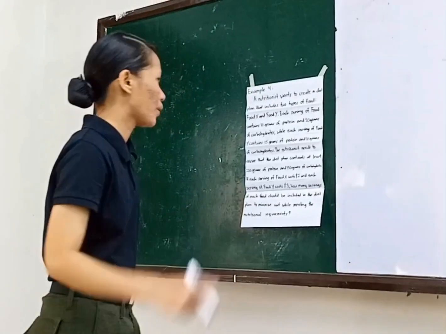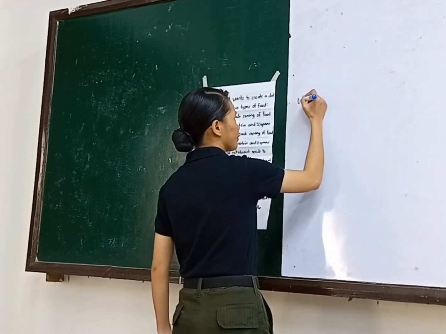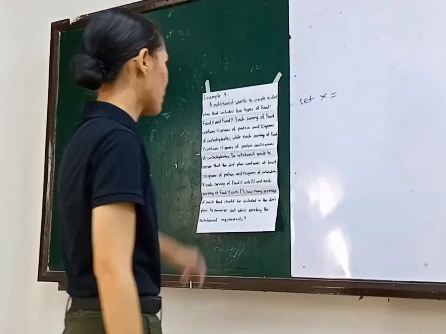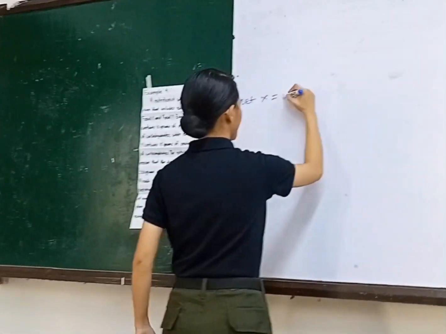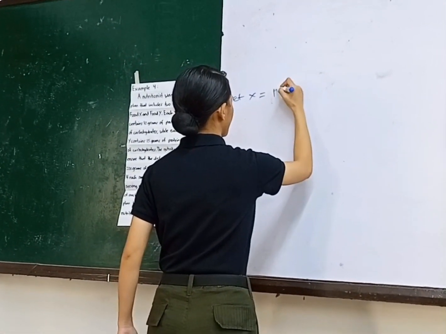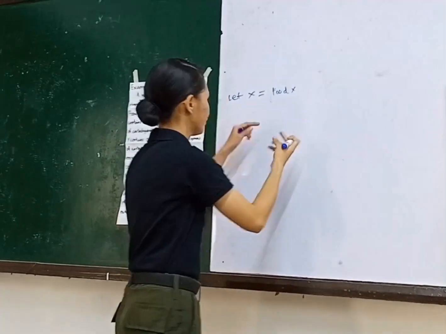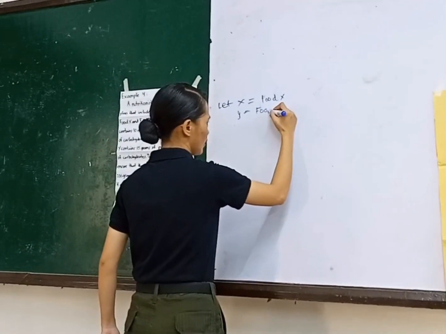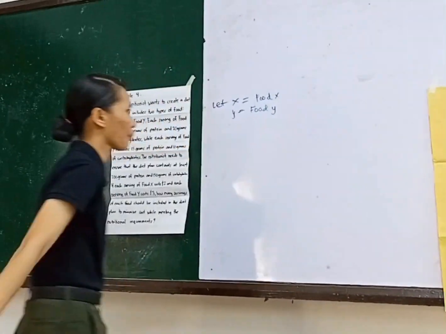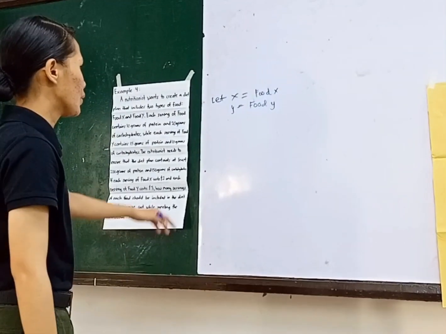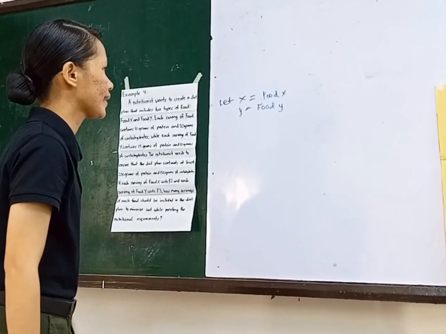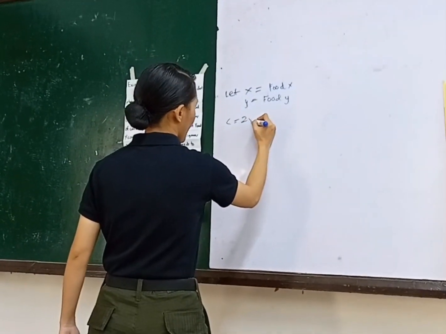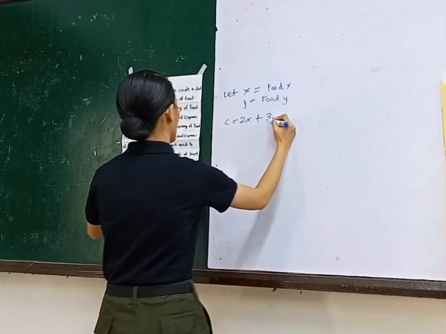So first, we let x equal the number of servings of food X, and y the number of servings of food Y. And then we want to minimize the cost. So C equals 2x plus 3y.